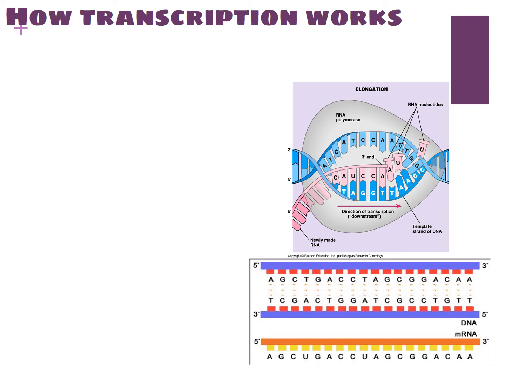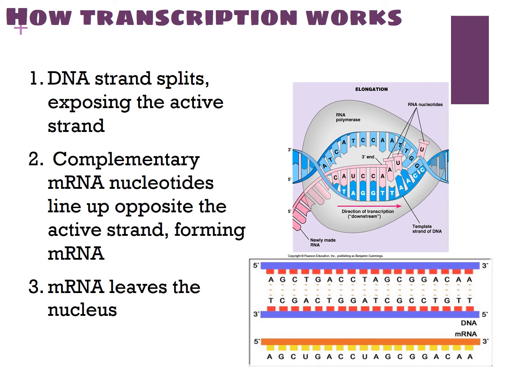So how exactly does transcription work? Well, first, the DNA strand is going to split apart, and it's going to expose the active strand, or the strand that we're going to form an mRNA complement for.